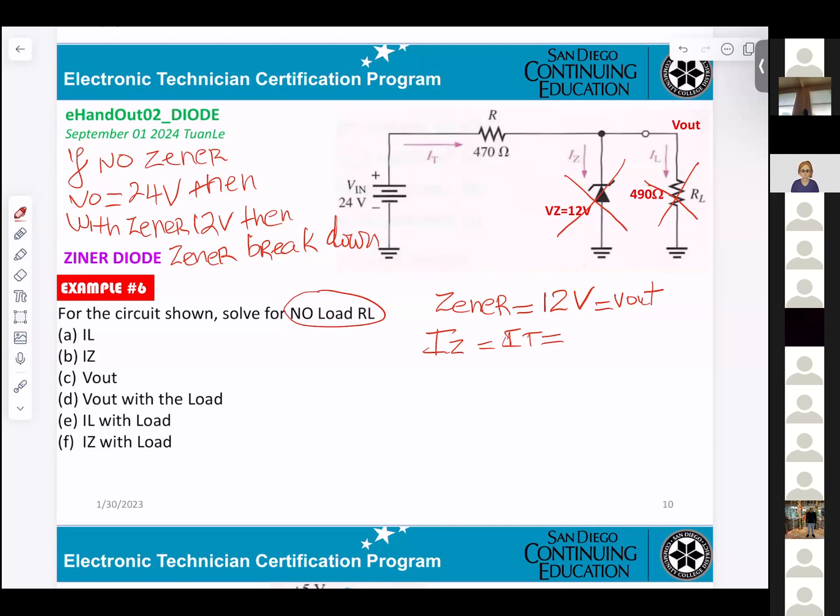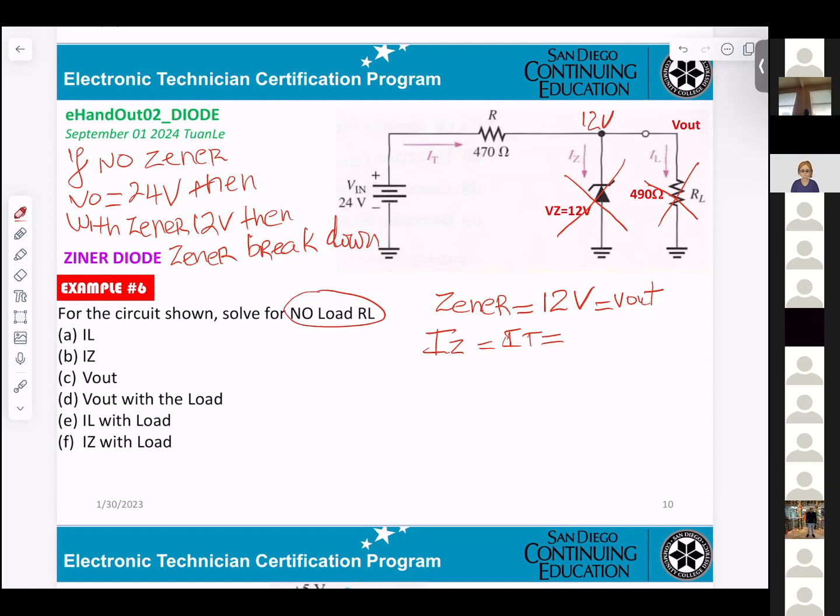So you're doing the IZ first, right, Mr. Pham? IZ and I total are the same. The thing right now, we don't have a load. Since the output is equal to 12 volts, then here will be 12. It's 24, then 24 minus 12 divided by 470.